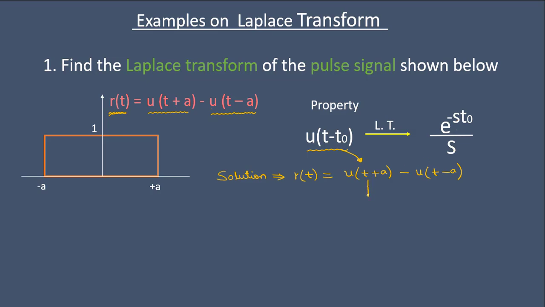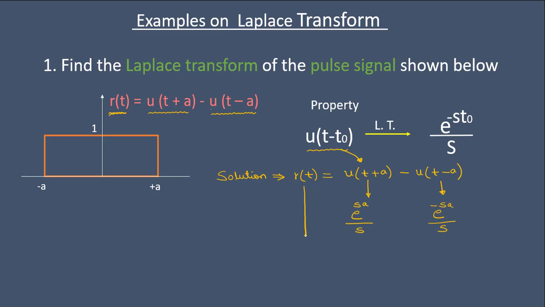So the Laplace transform of u of t plus a will be e raised to sa upon s, and the Laplace transform of u of t minus a will be e raised to minus sa upon s.